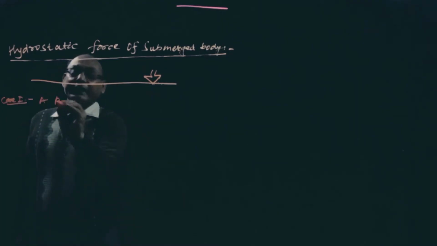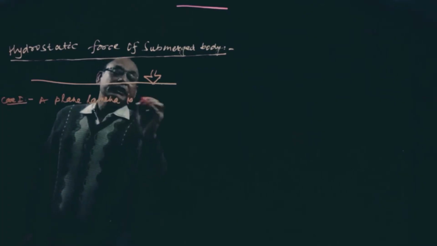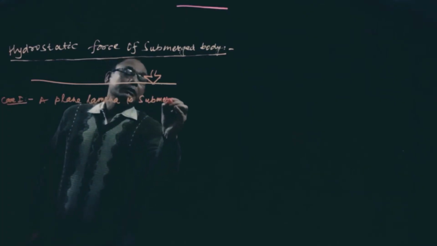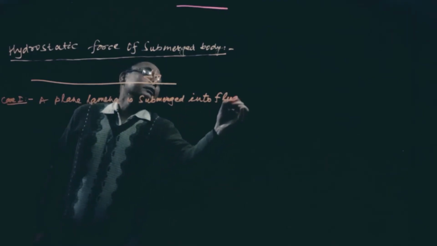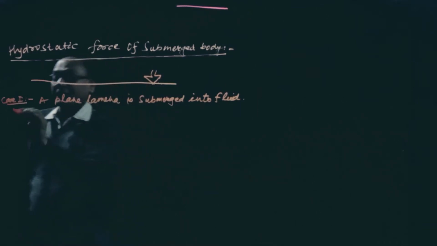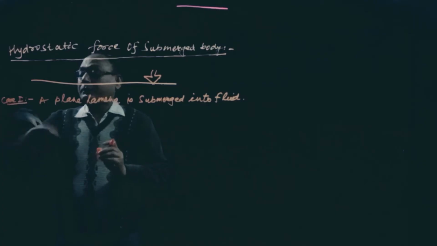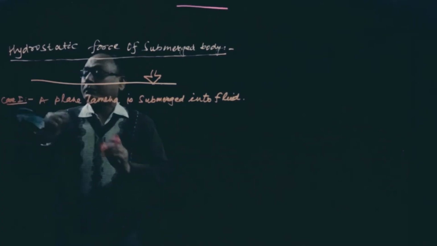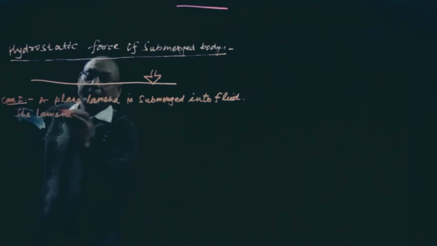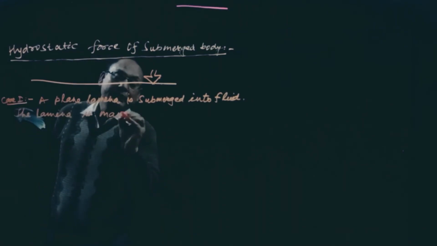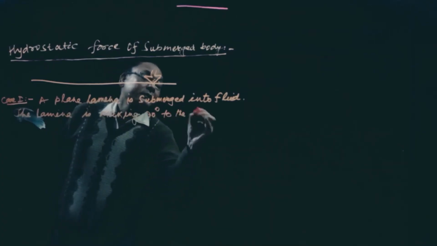A plane lamina is submerged into fluid. The lamina is making 90 degree to the free surface.